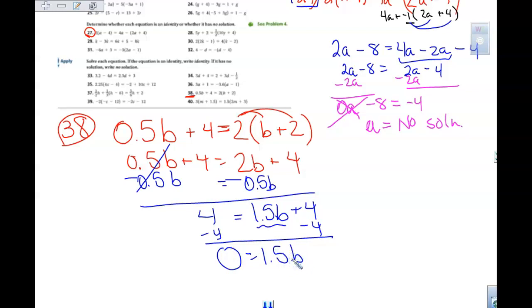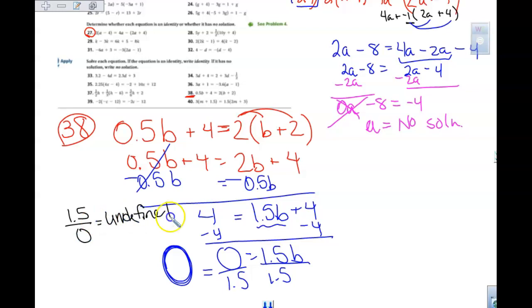Which means, what does b have to be? What's the only thing I can take times 1.5 to get 0? It has to be 0, right? So 0 divided by 1.5 on your calculators is always equal to 0. If on your calculator you ever take 1.5 and divide it by 0, this is undefined.